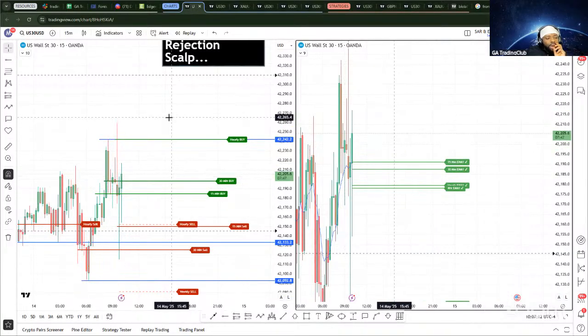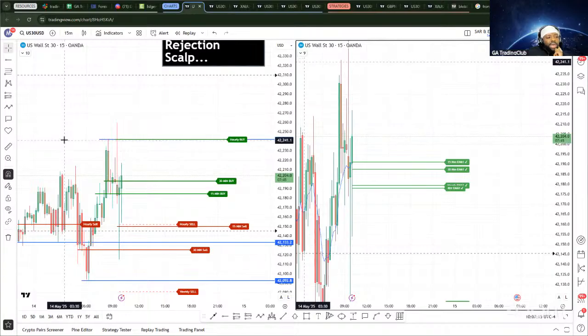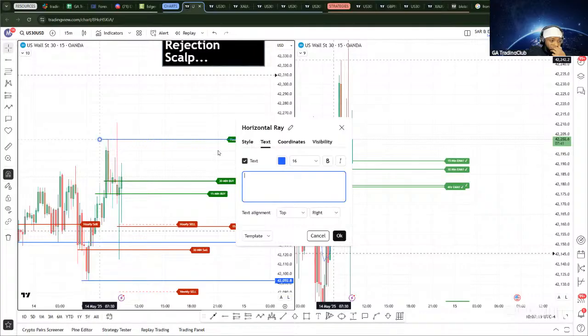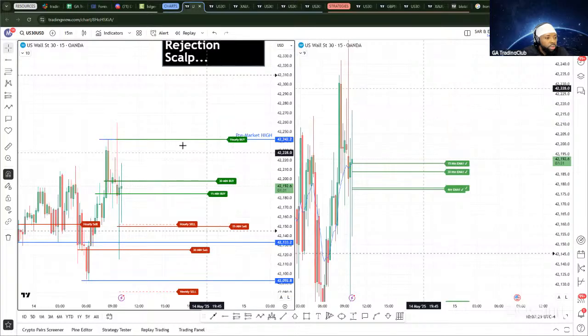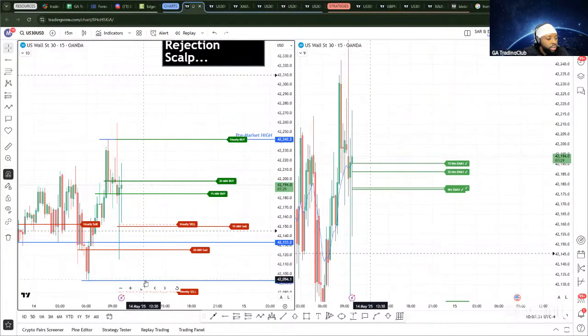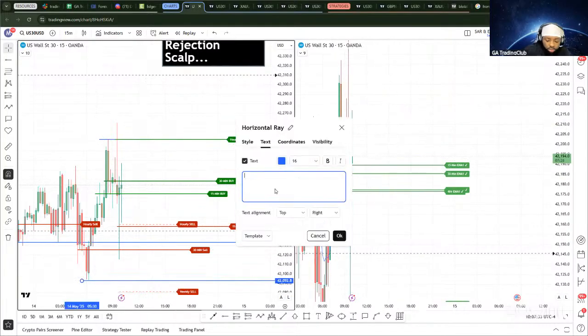The other one that I want to, with this pre-market highs and lows, I can mark this up. This is the pre-market high. And this is the pre-market low.